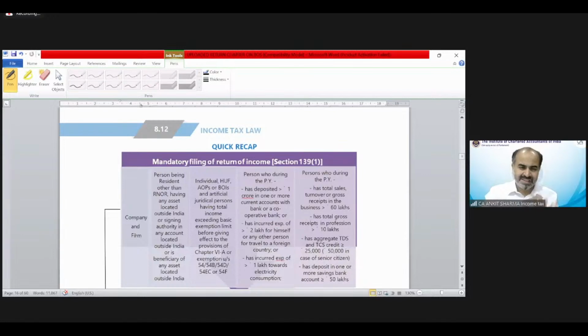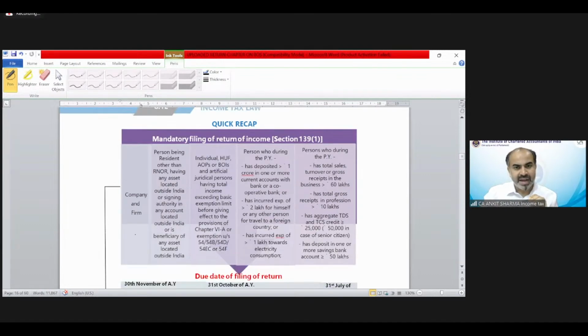A very interesting, very wonderful diagram has been given in your study material for the recap of the provisions till now, and it is beautifully drafted. In the first part of this diagram, they are explaining mandatory filing of return of income under section 139(1).